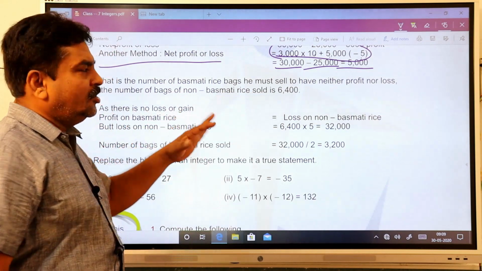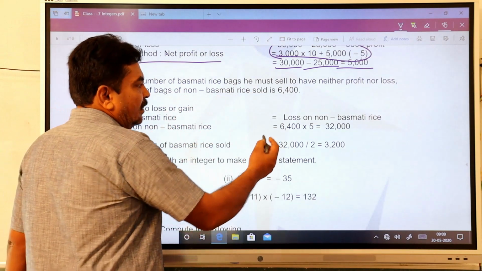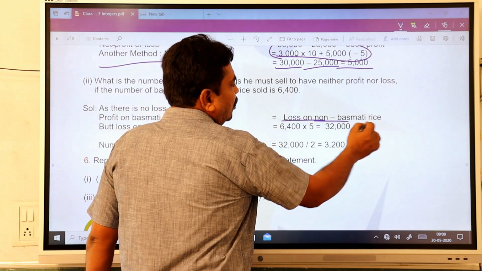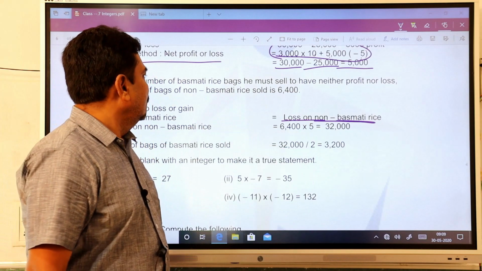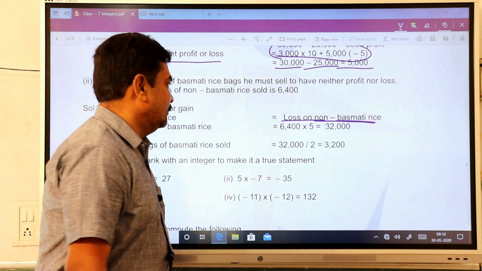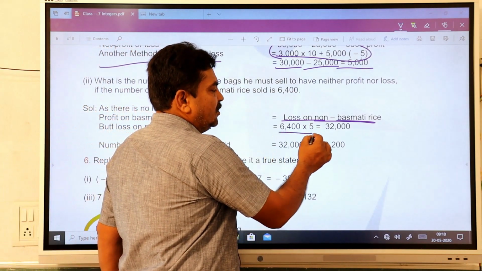As there is no loss or gain, let's see the loss on the 6,400 bags of non-basmati rice.